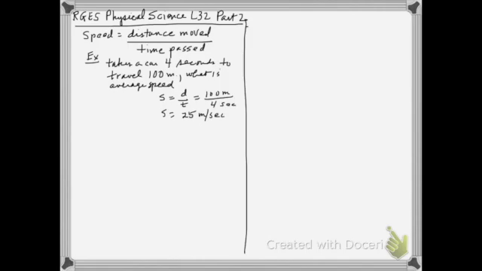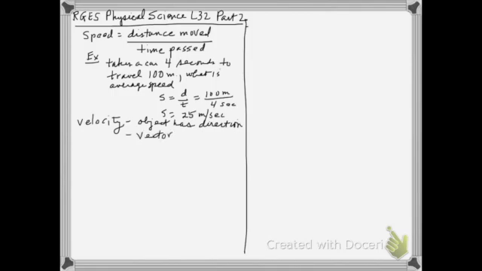Well, velocity is a lot like speed, except velocity always has a direction. So the object having a velocity has a direction. So like we said in the last tape, it is a vector.